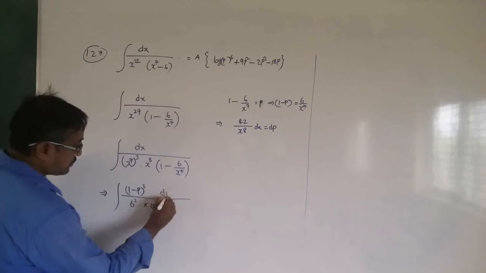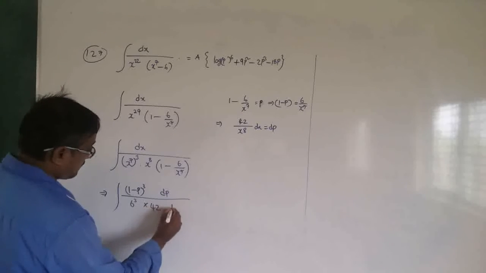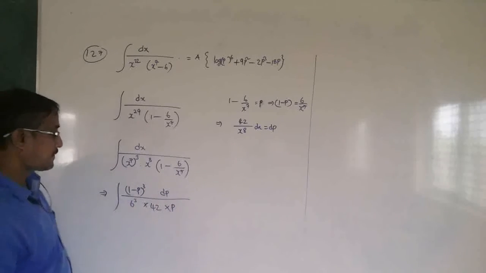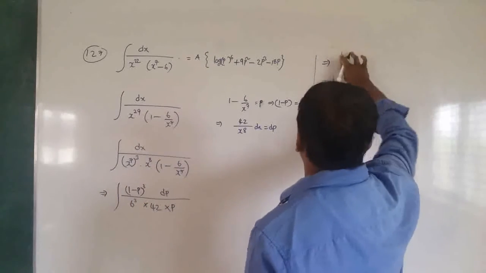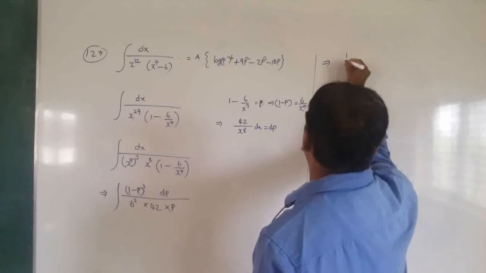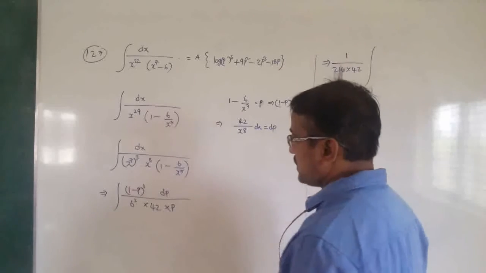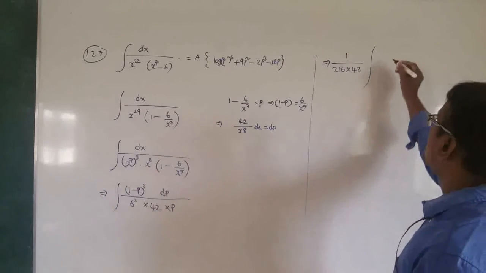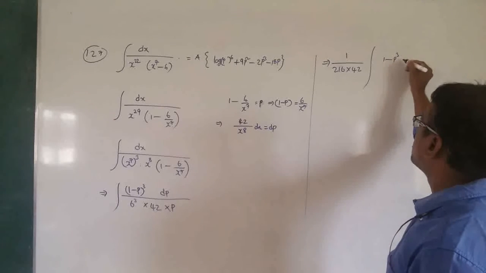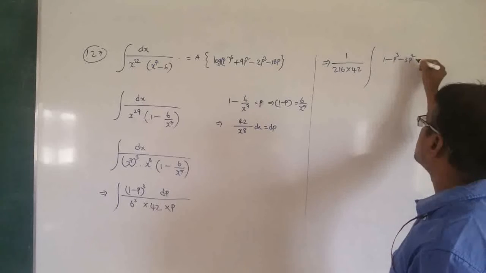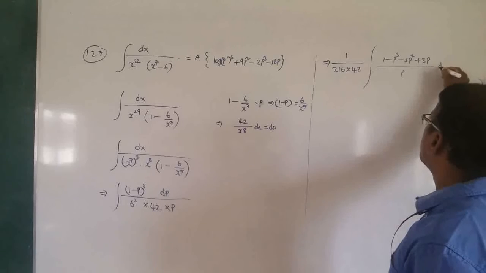So 42 dp into 1 minus 6 by x power 7 is p. So it will be integral 1 by 216 into 42 integral 1 minus p whole cube, that is 1 minus p cube minus 3p square plus 3p by p dp.